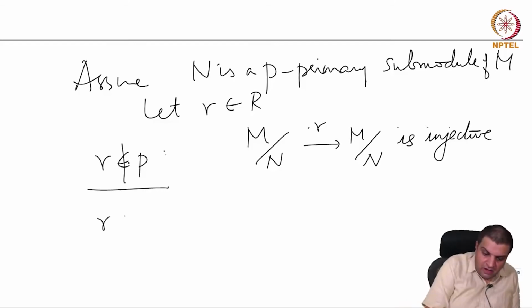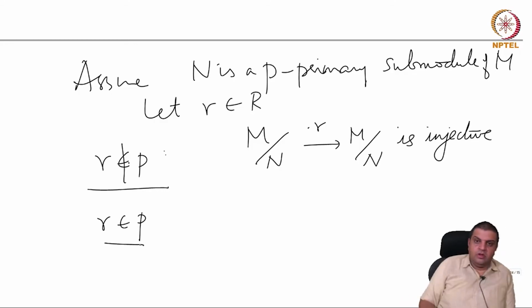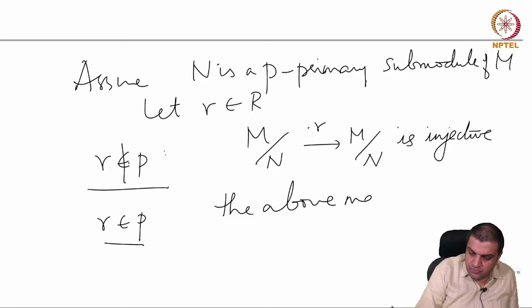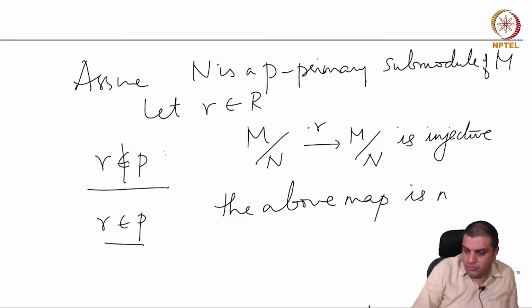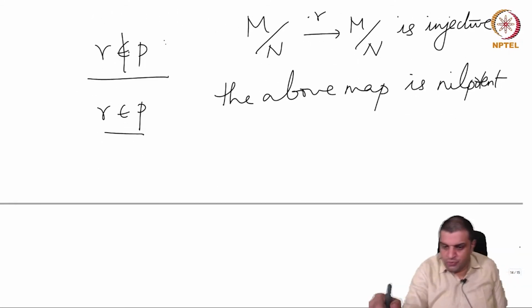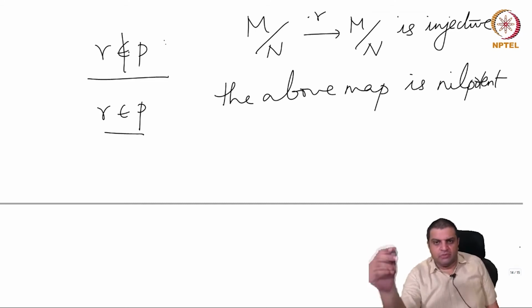And if r is in P, then the map is nilpotent. In other words, if you compose that map enough times, it becomes a zero map.